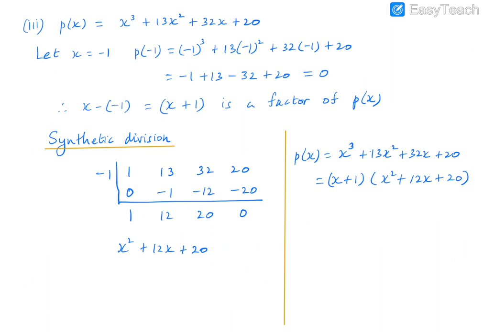Okay, so we have these two now. Now we can further factorize the quadratic polynomial to get all the factors with degree 1. Okay, so let's do that on the next page.